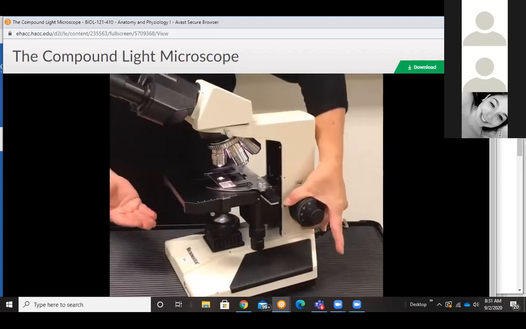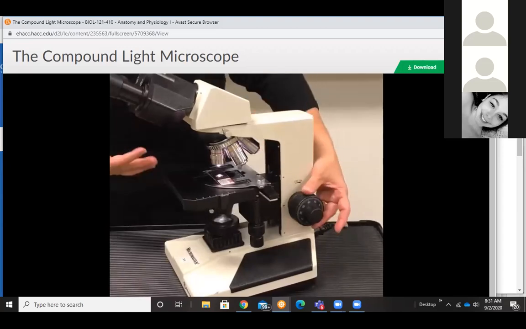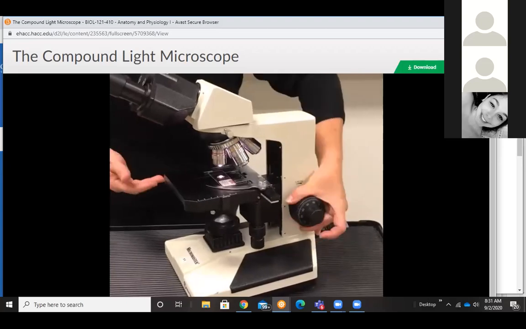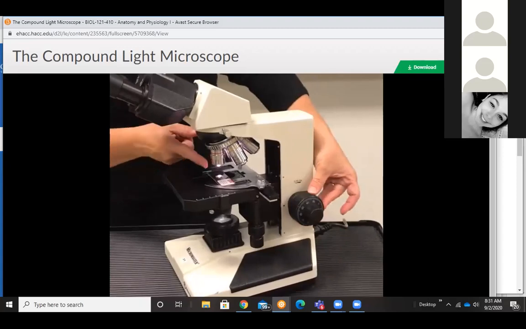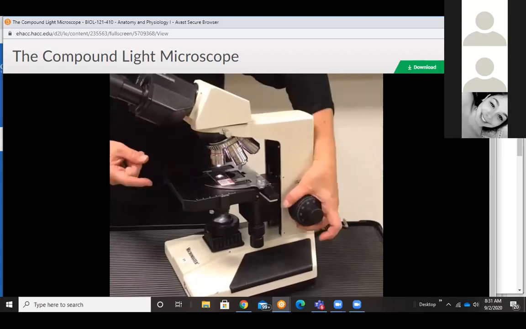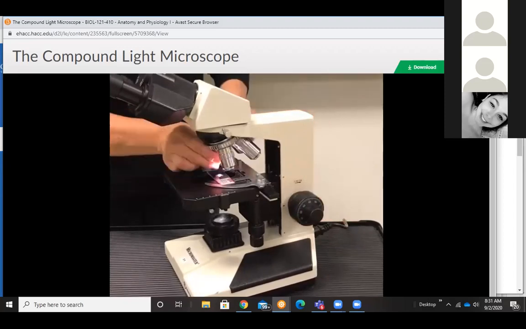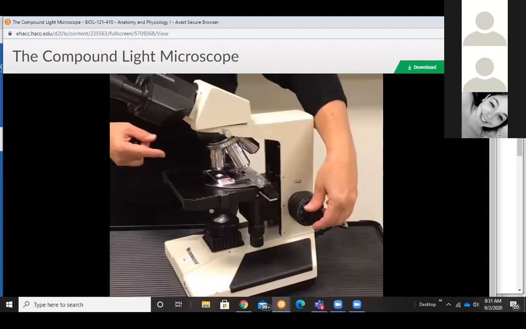And so you want to bring the image into view by moving the coarse focus knob, this large outer knob. We only use this knob with the scanning objective over the stage, all right? So once you have your image in view and you want to go to the next higher objective, you can move the revolving nose piece into place and then only use the fine adjustment knob.